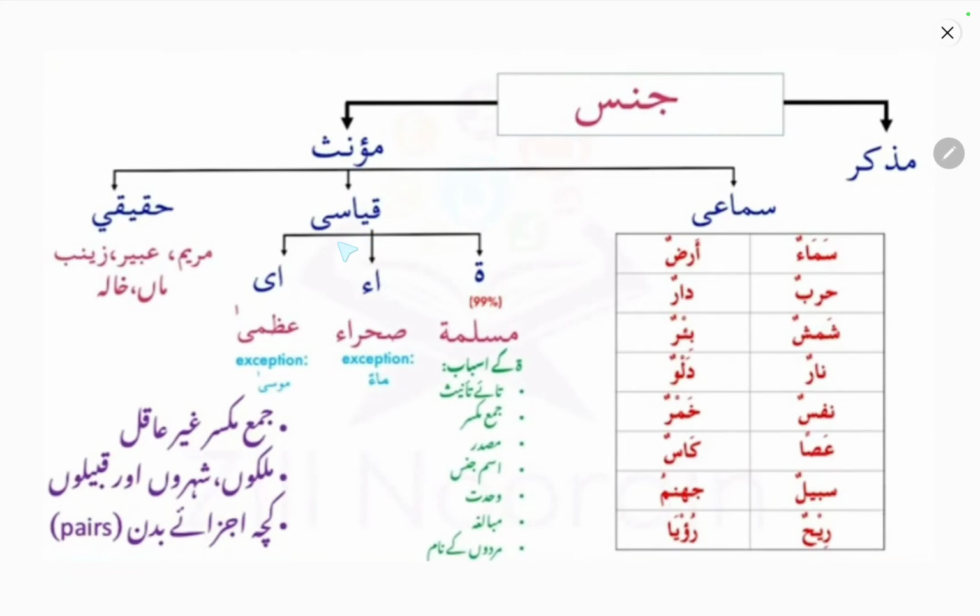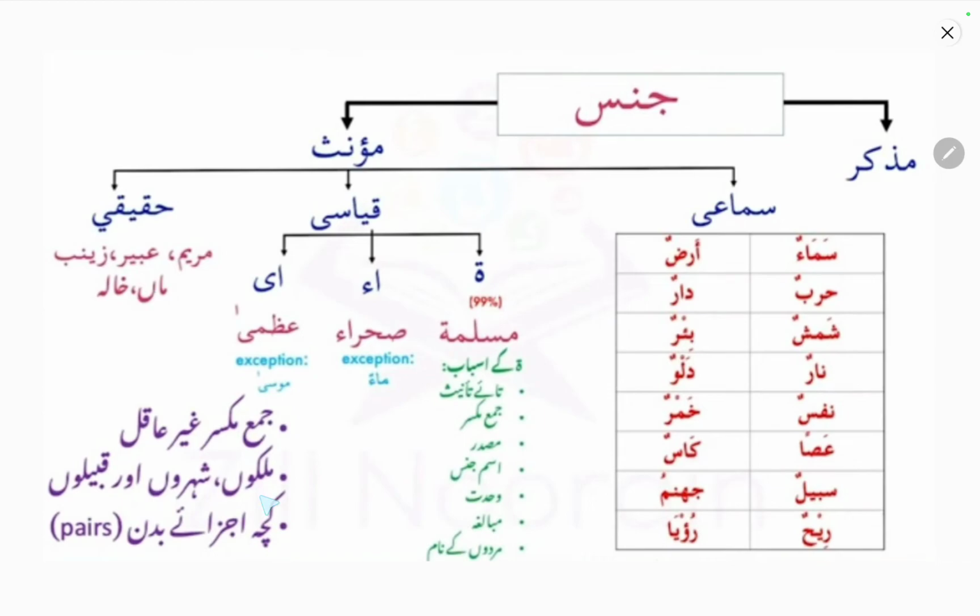Now muannas qiyasi means just by seeing the word ending, that is ta marbuta at the end, a closed ta. In 99% of these nouns, by seeing the ta marbuta we can tell that the given noun is a feminine noun. And nouns which end with alif hamza and nouns which end with alif and ya. And muannas haqiqi, as we know, by name itself reflects that the given word is a feminine noun.